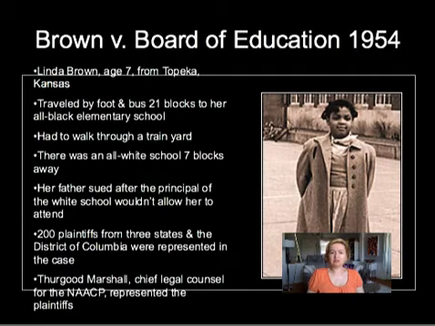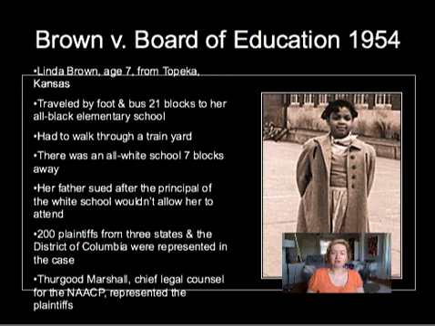Okay, so let's talk about an important case of segregation from US history that led to the famous Brown versus Board of Education legislation in 1954. In the 1950s in the US, schools were segregated based on race.